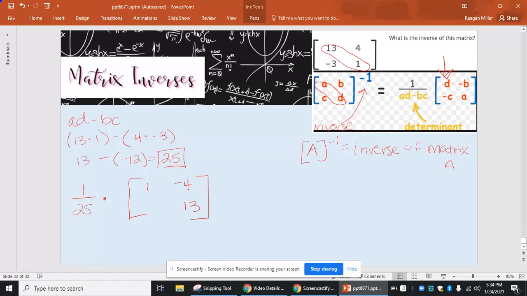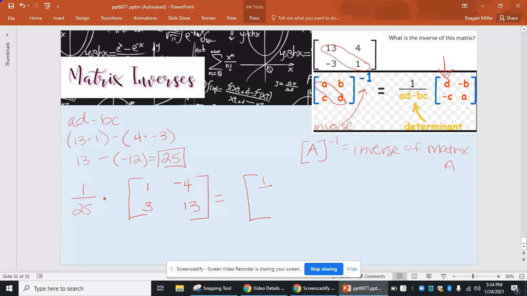They're just going to change to the opposite sign. So 4 becomes negative and 3 becomes positive. Now you are just going to take this coefficient, this number out front, and multiply it by all 4 numbers to make your new matrix.